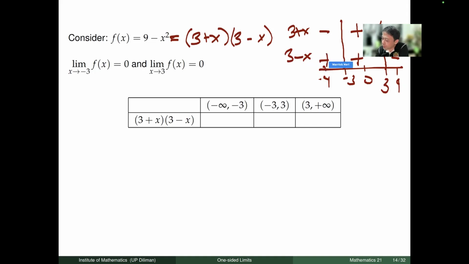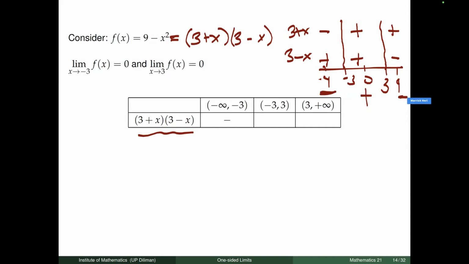And now this is a product that we have. If you take the product, negative times positive is negative. Positive times positive is positive. Positive times negative is negative.